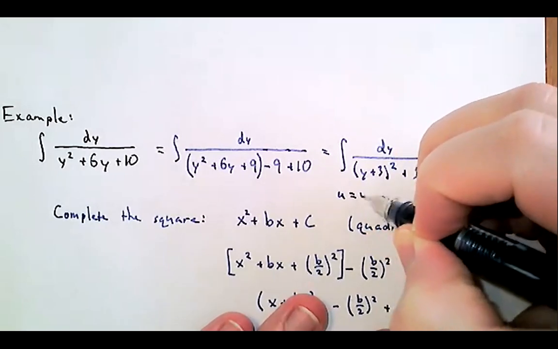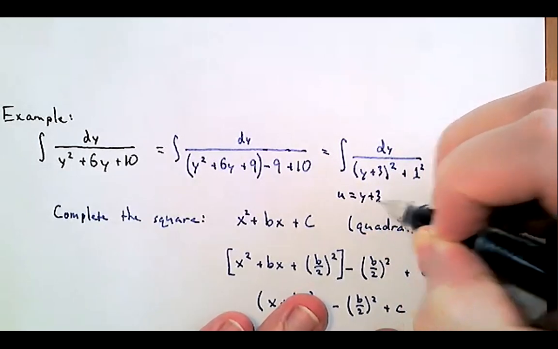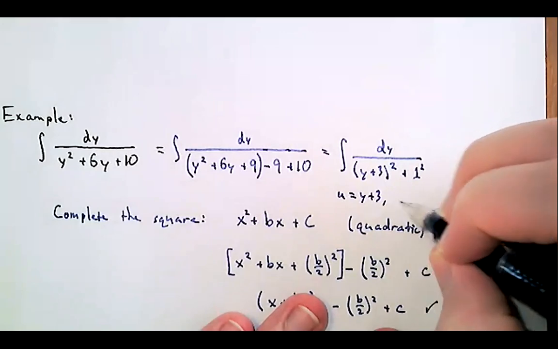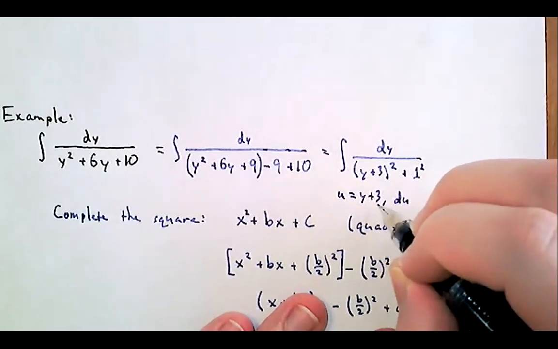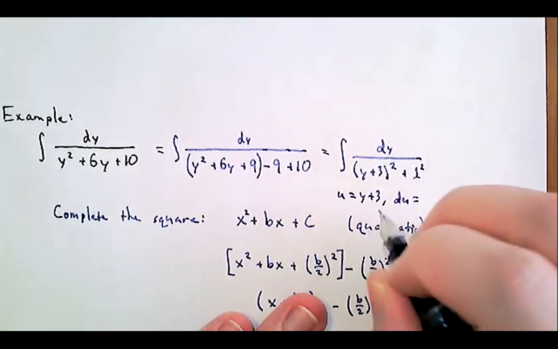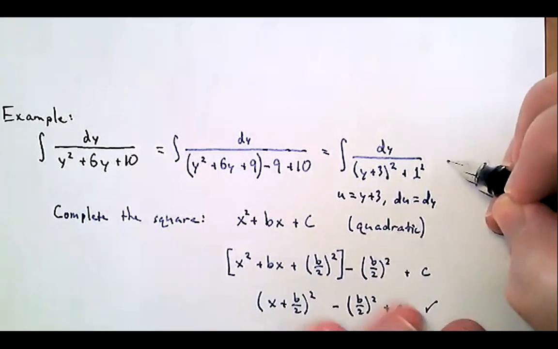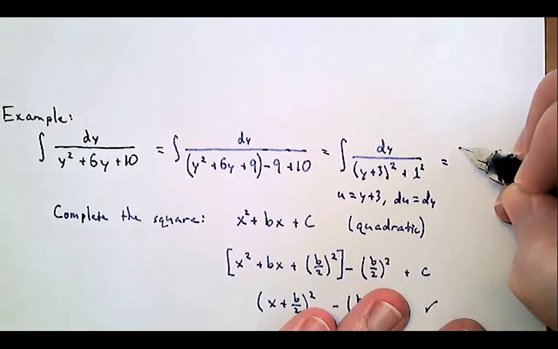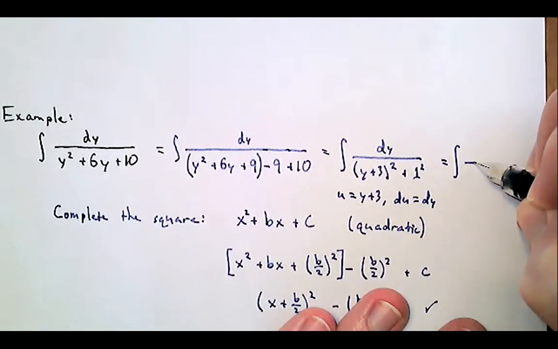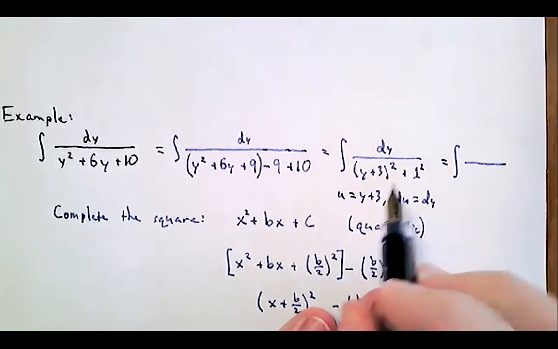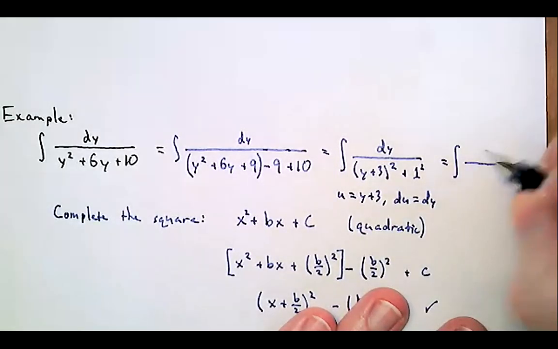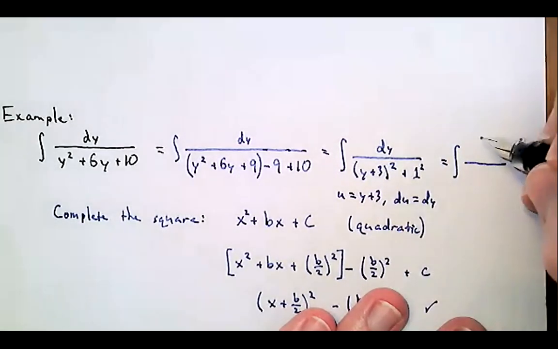if we do a u substitution with u equals y plus 3, and du is the derivative of that, which is just 1 times dy. So do your substitution. This one is relatively easy since we've done the hard work of completing the square.